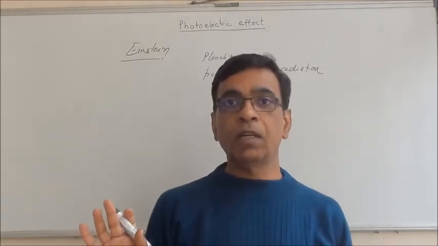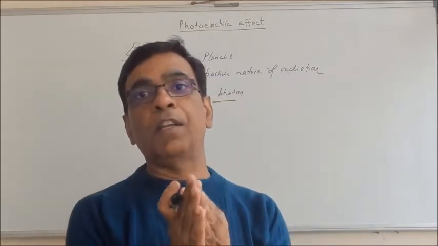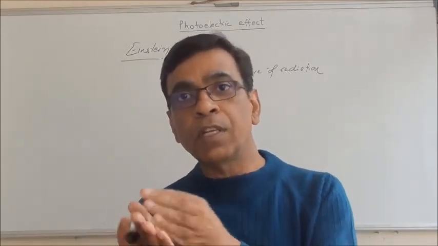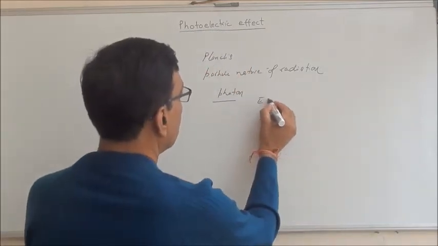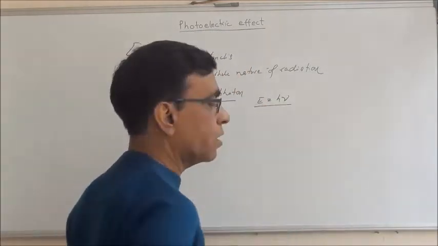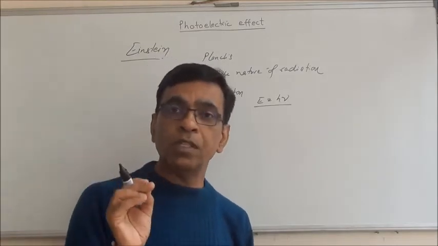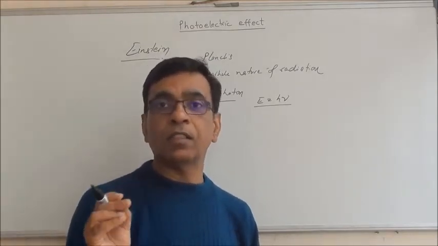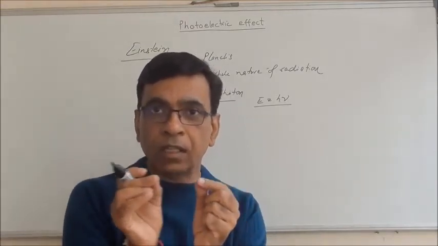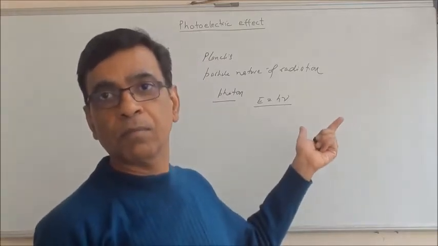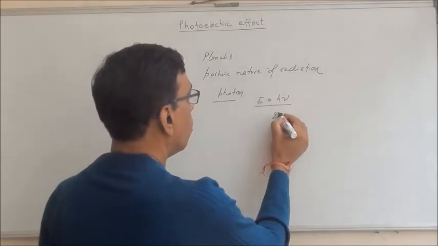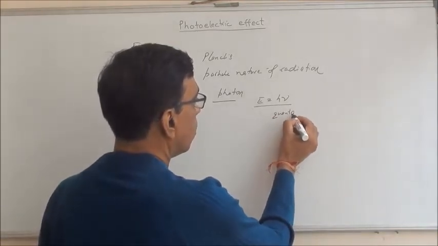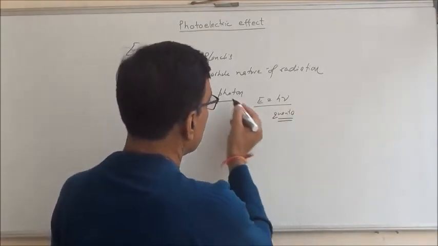No. It simply means when the light radiations interact with the surface, the transfer of energy is in steps of h nu. That's it. So if nu is the frequency of radiation, and h is Planck's constant, the energy transfer will be in multiples of it. This we call quanta of radiation, and this is the photon actually.